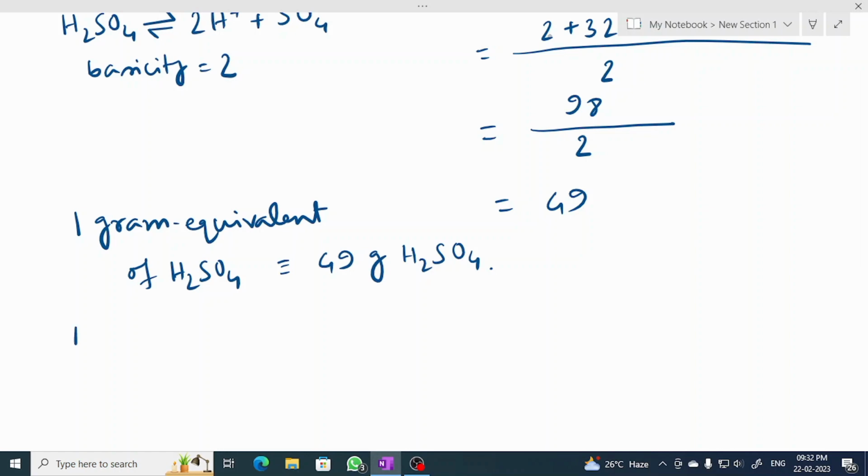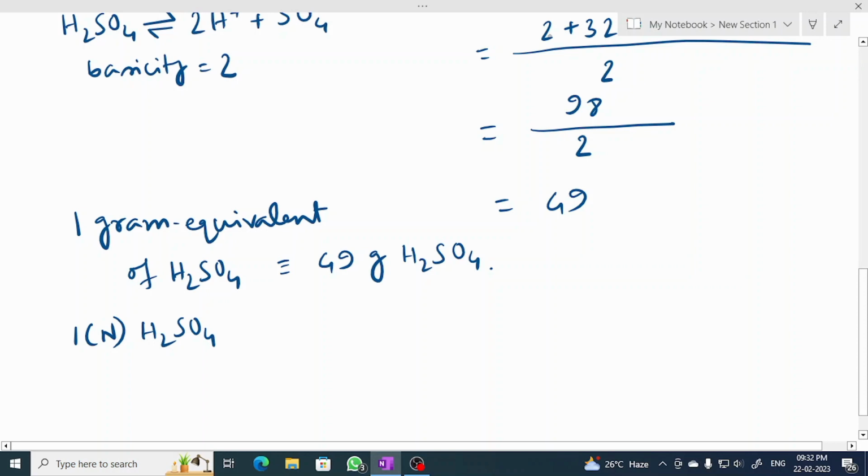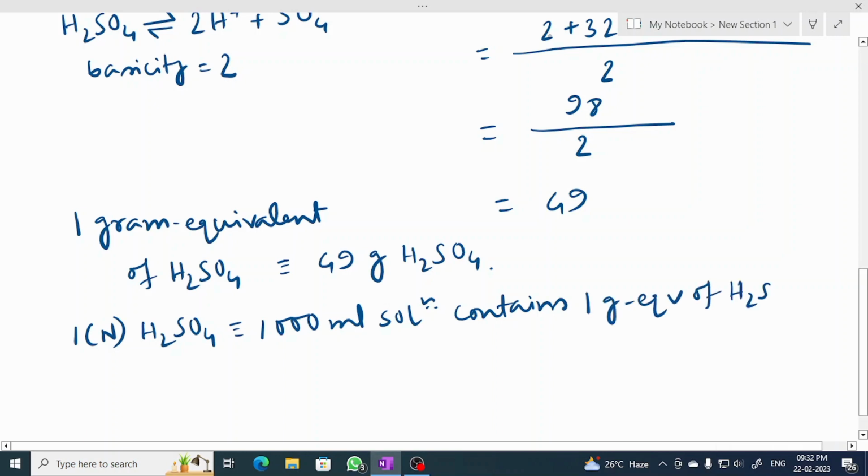So 1 normal H2SO4 means 1000 ml solution contains 1 gram equivalent of H2SO4, and here we find that 1 gram equivalent of H2SO4 means 49 gram of H2SO4.